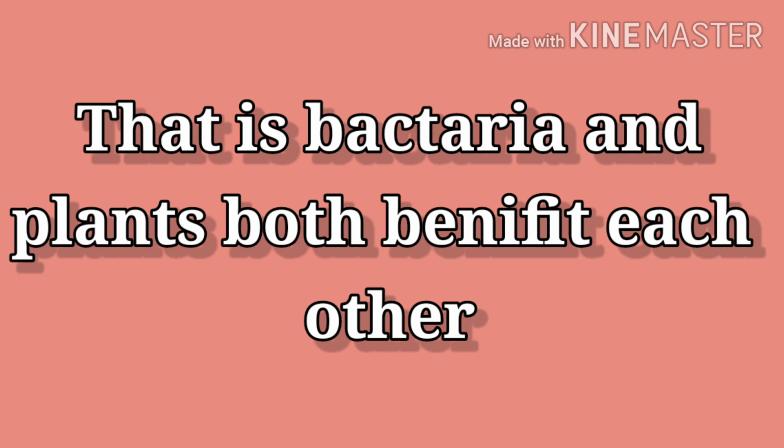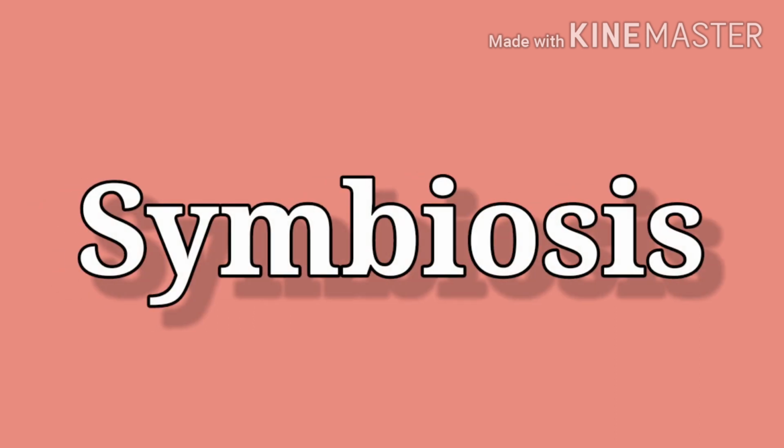Rhizobium bacteria provide nitrogen compounds to the plant and the plant gives energy to the rhizobium bacteria in the form of carbohydrate. Thus, this process of helping each other is called symbiosis and hence they are also called symbiotic bacteria.